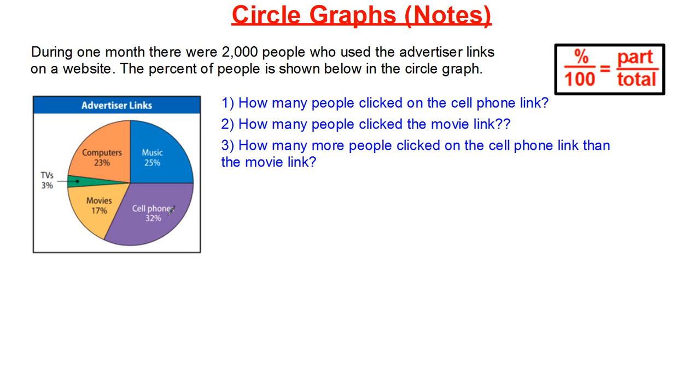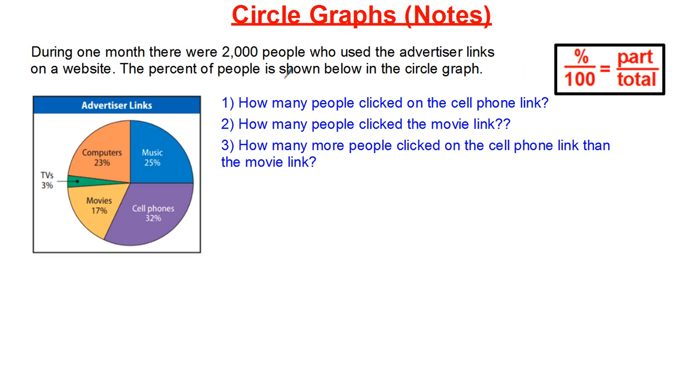So if I add up all of these individual pieces of the pie, I'm going to get a sum of 100%. Okay? Now, in order to solve questions like this, you're most likely going to have to create or set up a proportion. So for proportions, remember, we have percent over 100 is equal to the part over the whole, or the part over the total.